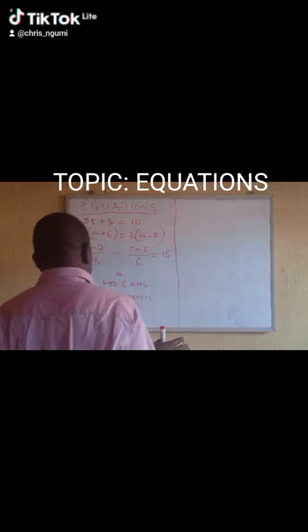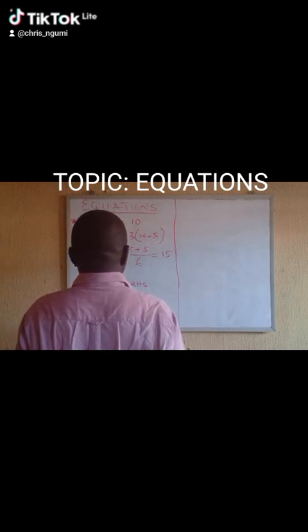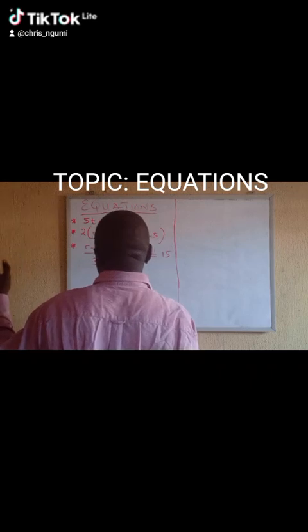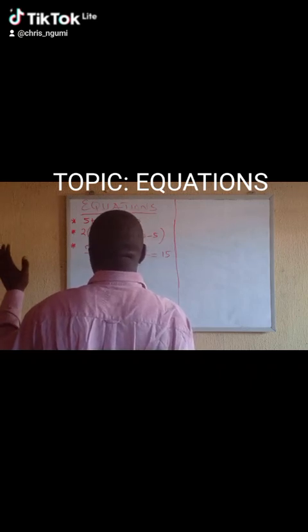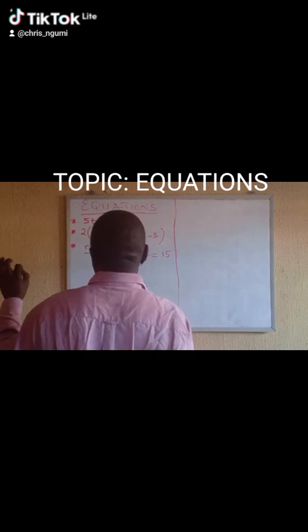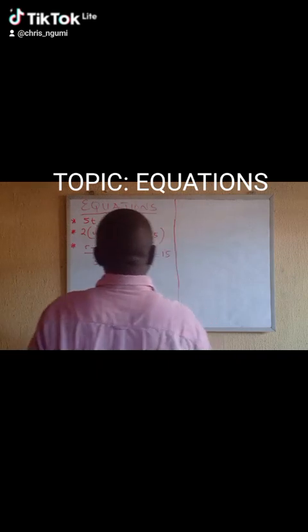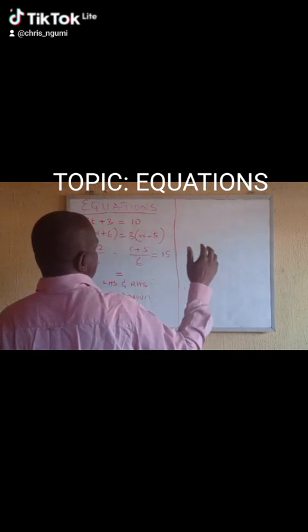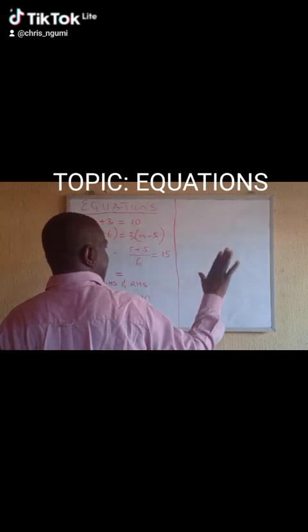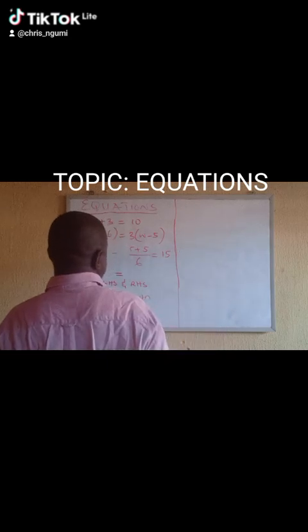When you are facing the board or your notebooks and you have written equations, those expressions before the equals to on your left are said to be the left hand side. And those expressions after the equals to are said to be the right hand side.